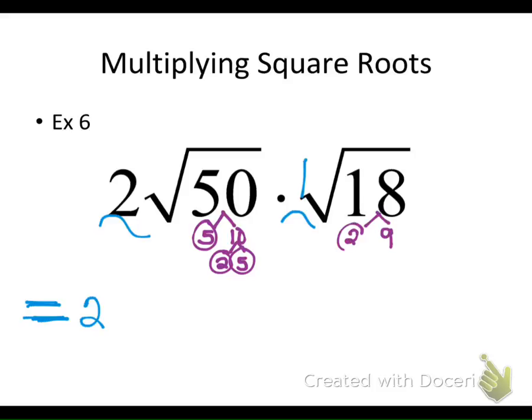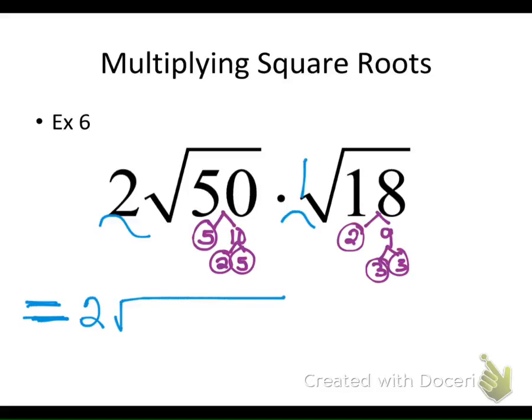So 2 and 9. For 9? Okay. What do I do with these factors now? Under the square root. Under one square root sign, right?